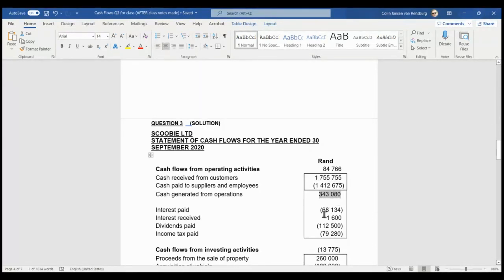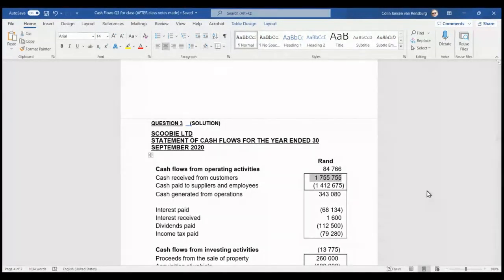Mrs. Kies and her fellow colleagues in Financial Accounting 3 will do reconstructions of various accounts next year with you, which also gives you an alternative way to calculate cash paid to suppliers and employees.